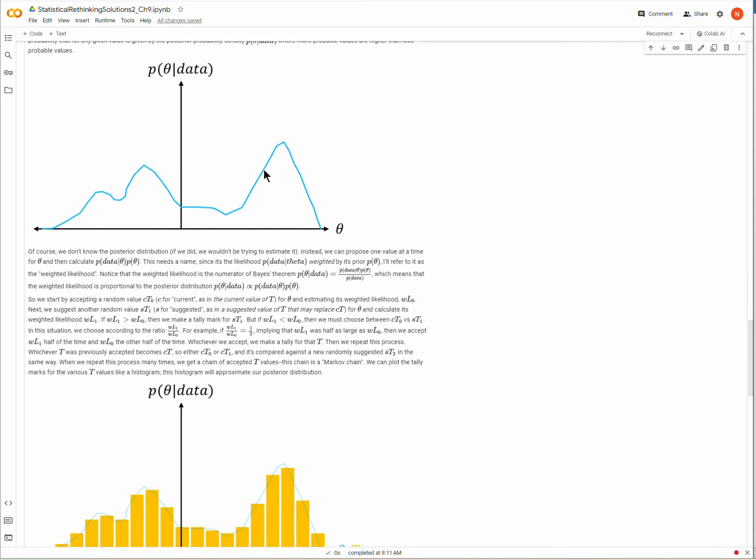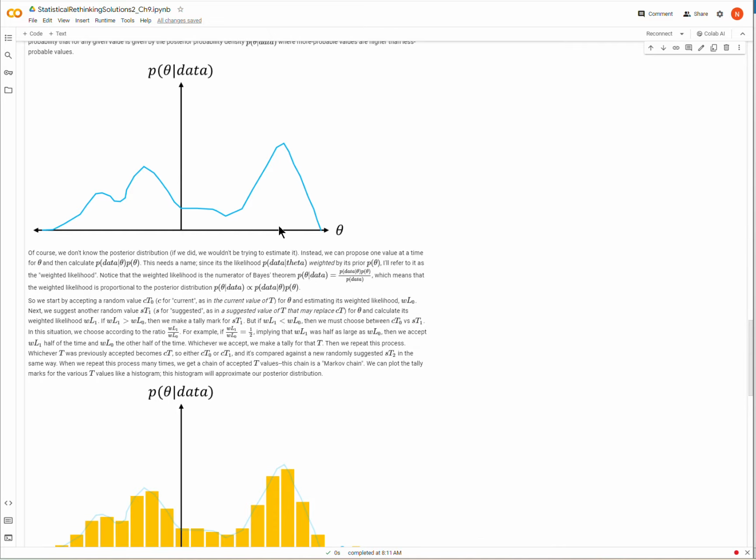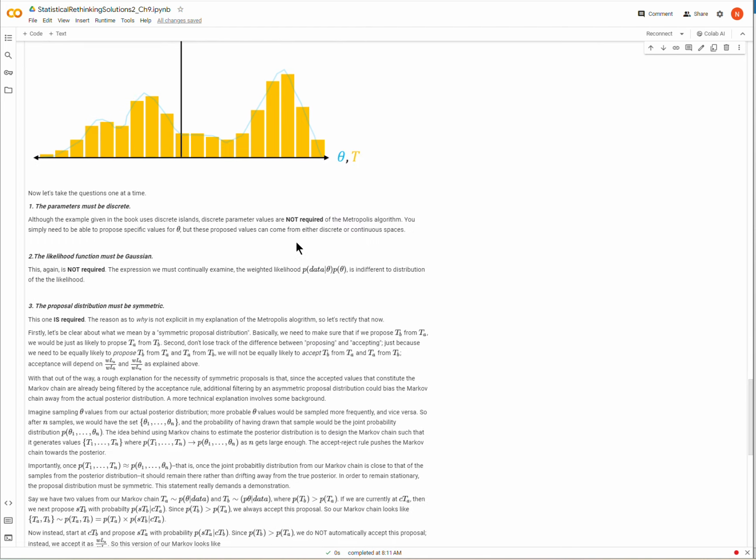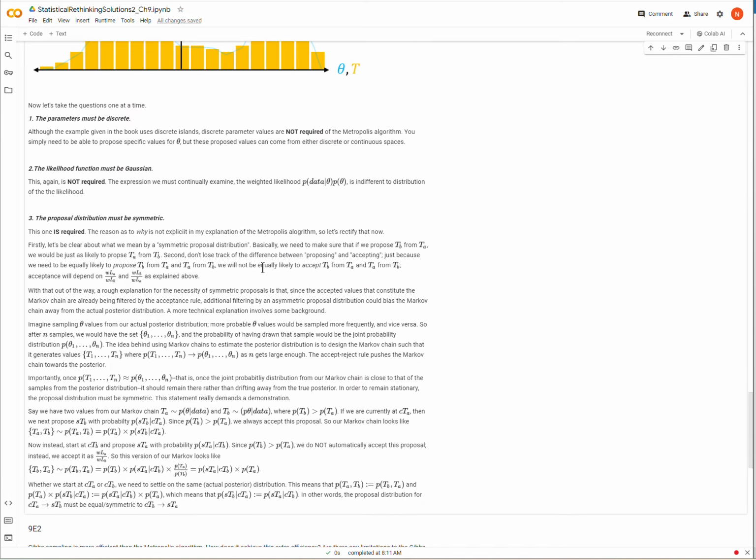Well, basically it means if I'm at one theta value and I propose a second theta value, the probability of having proposed that second theta value has to be equal to the probability of being at the second theta value and having proposed the first. Okay, so I hope that makes sense. So that's the first thing to be clear about.